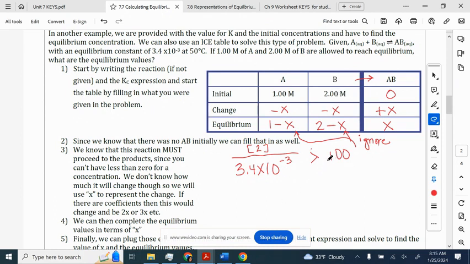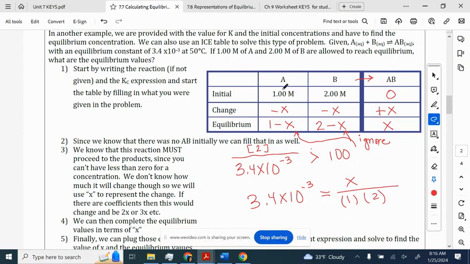All right. So when we set this up, we know that our K value is 3.4 times 10 to the minus 3. That's going to equal our products, which are X, and we don't need to raise that to a power because there's no coefficient, over 1 times 2, right? And that is going to end up being your bottom.